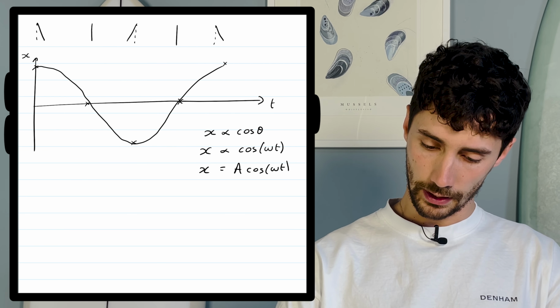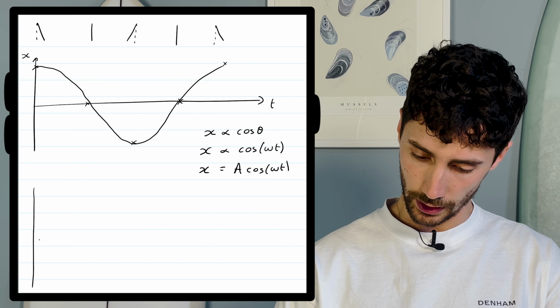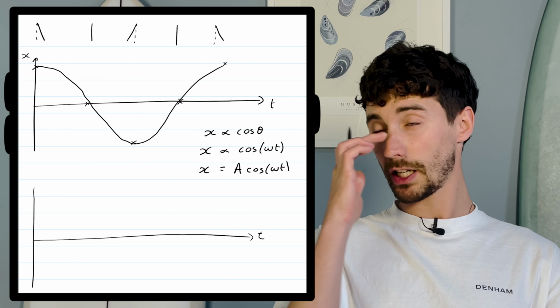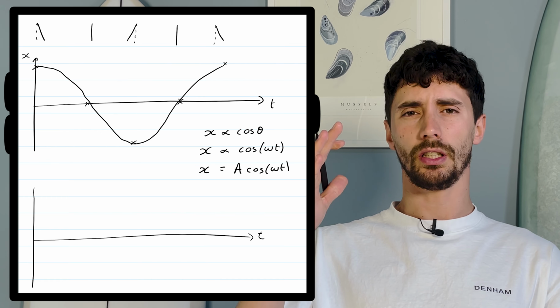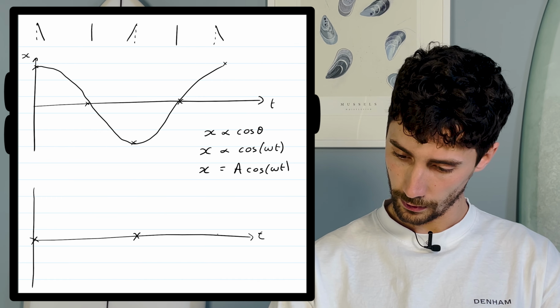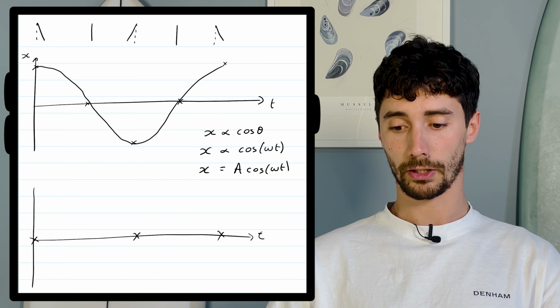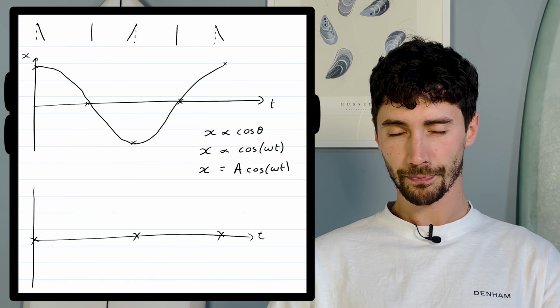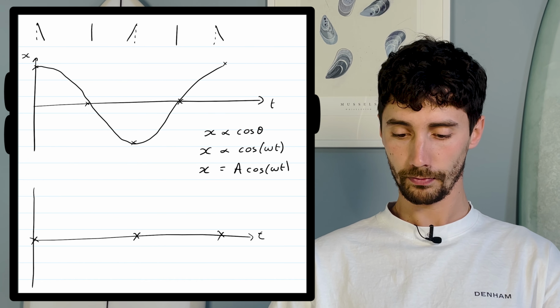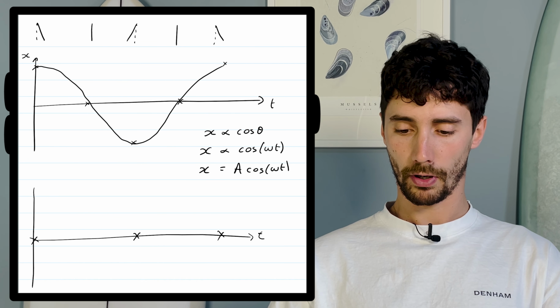Okay. Now if I look at my velocity, at maximum amplitude our velocity is 0, so I can plot 0, 0, 0 for maximum amplitudes. In equilibrium, our velocity is going to be a maximum. So what might my velocity look like?